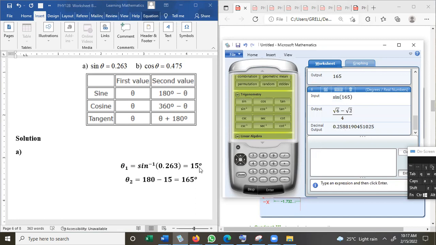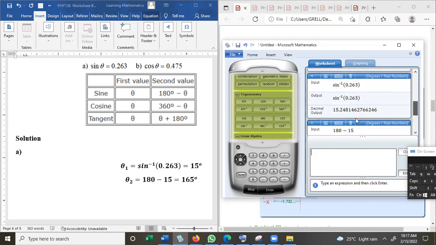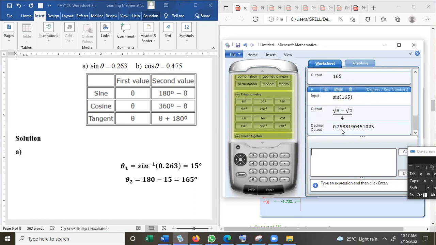Why? Because I rounded off. It was 15.248, and I chopped out a little bit of decimals, so that's why we're getting 0.2588, which is 0.26 approximately.